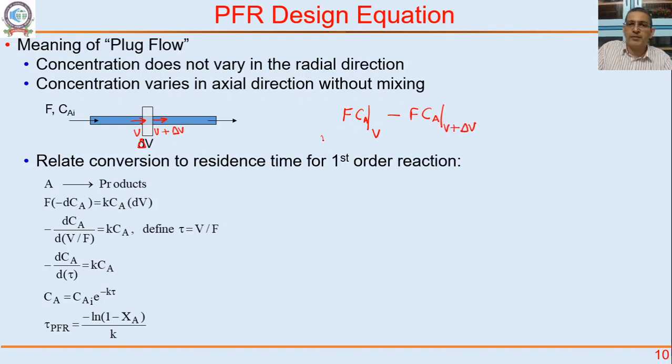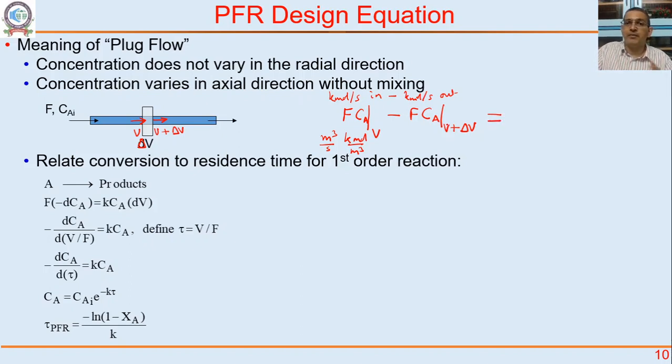So flow rate is meter cube per second, let's say. CA is kilomoles per meter cube, right? So flow rate multiplied by concentration is nothing but how many kilomoles per second enter, the rate at which they enter per unit time. It is kilomoles per second. So F into CA, kilomoles per second in, minus kilomoles per second out. Left hand side is material balance.